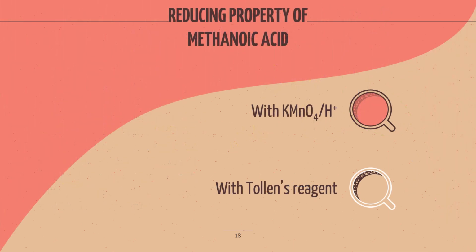So, since methanoic acid can act as reducing agent, so it can undergo oxidation with acidified potassium permanganate, dan yang kedua with Tollens reagent.